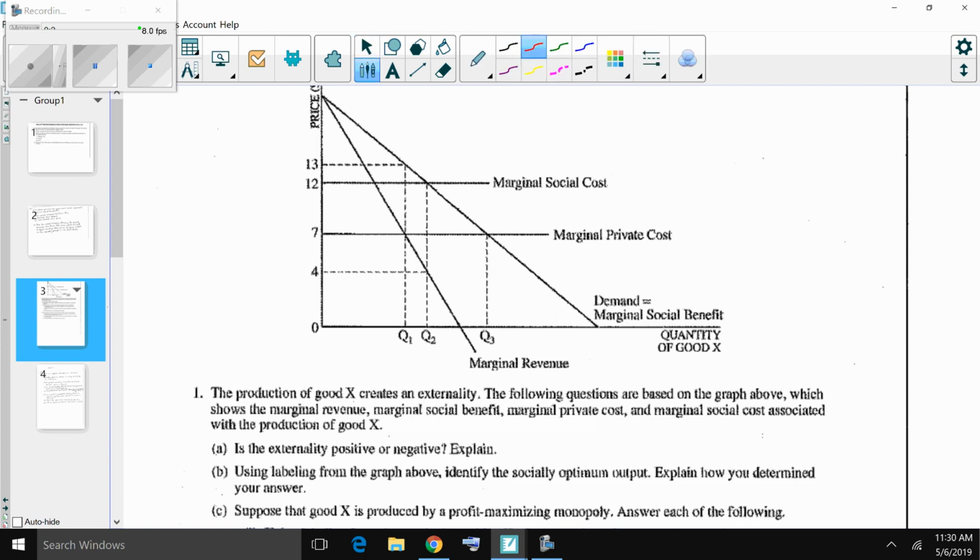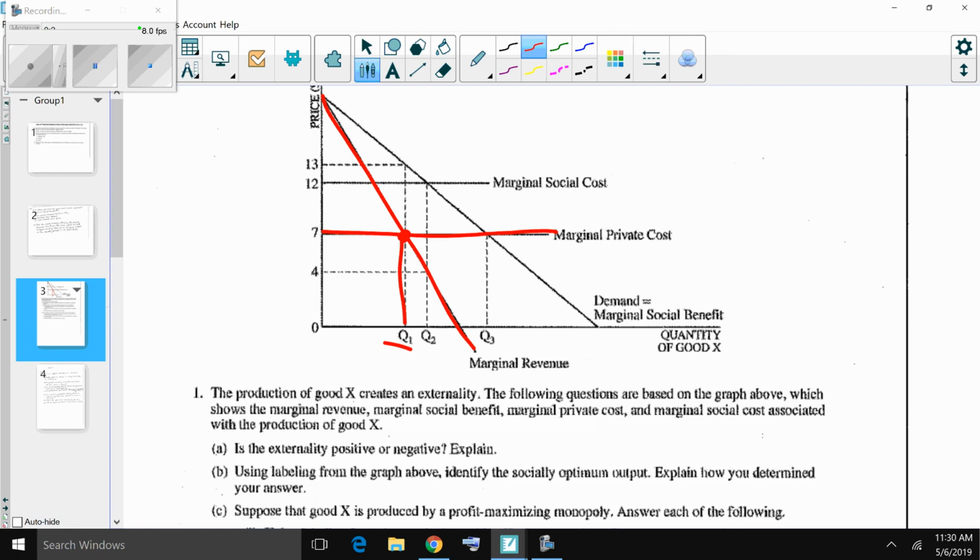So here's our MR curve and here's our MC curve. They are going to produce at MR equals MPC, Q1 units.